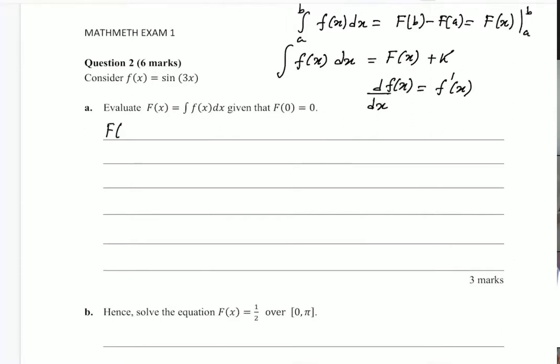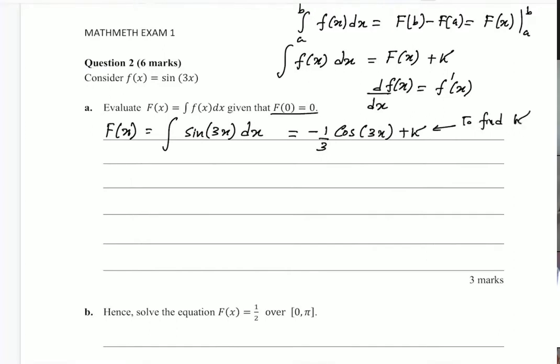So F(x) is equal to the integral of sine 3x dx. We can do this in one shot: this is minus 1 divided by 3 cos 3x plus k. Given that F(0) is equal to 0, why is that given? To find k.